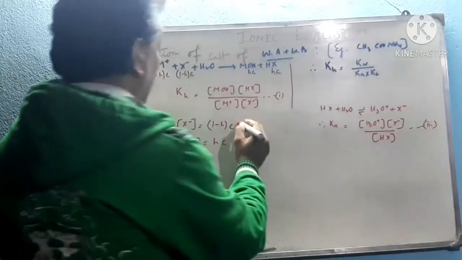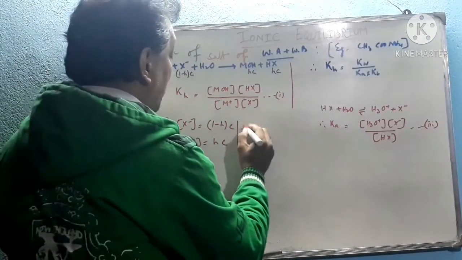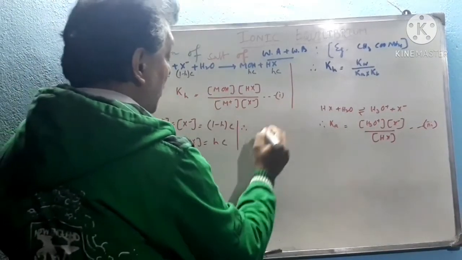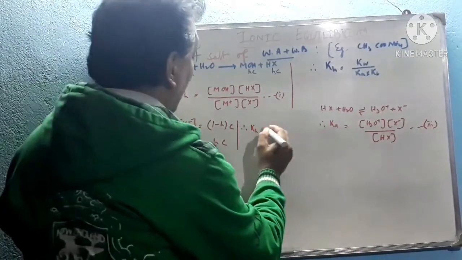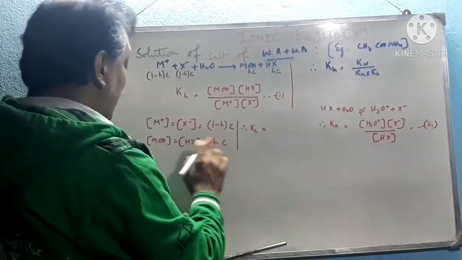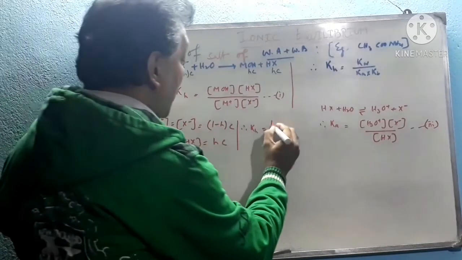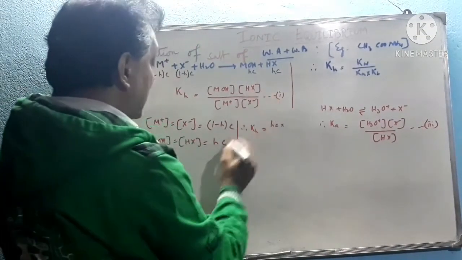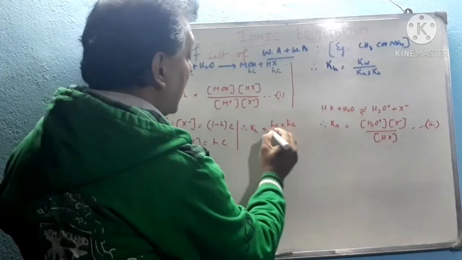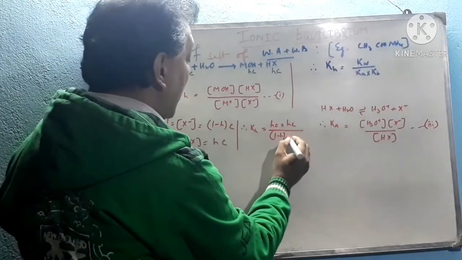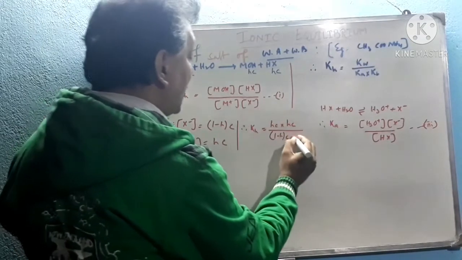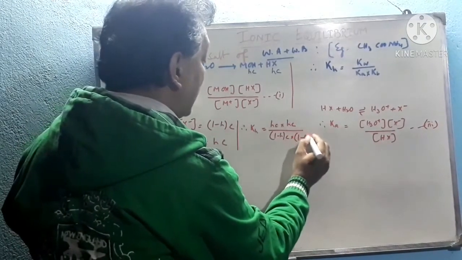So putting this data in the Kh equation number 1, we get Kh equal to, for MOH we can write Ch, for HX we can write Ch, divided by, for M plus we can write 1 minus h into C, and for X minus also we can write 1 minus h into C.